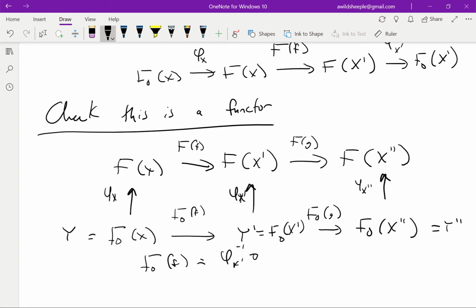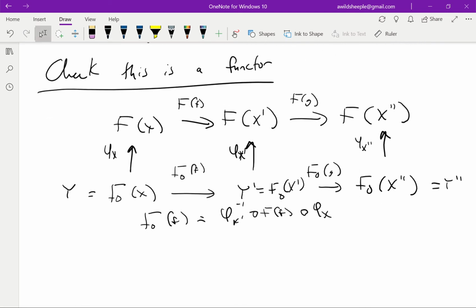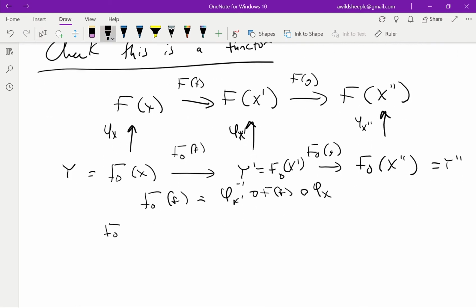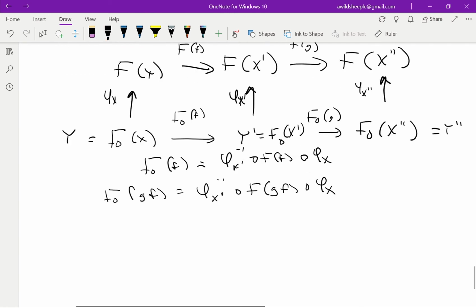In the middle we have f of f. And over here we have phi of x. So if I compose these end to end, then f0 of gf would be phi of x double prime inverse composed with f of gf composed with phi of x. And since f is a functor, it would distribute.